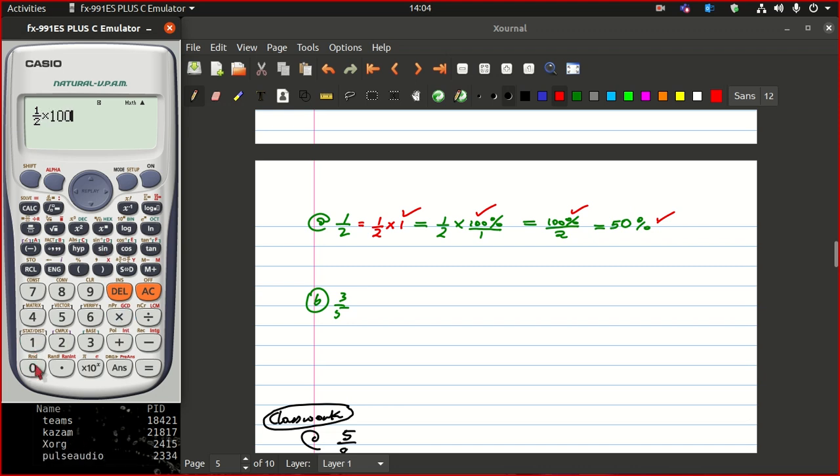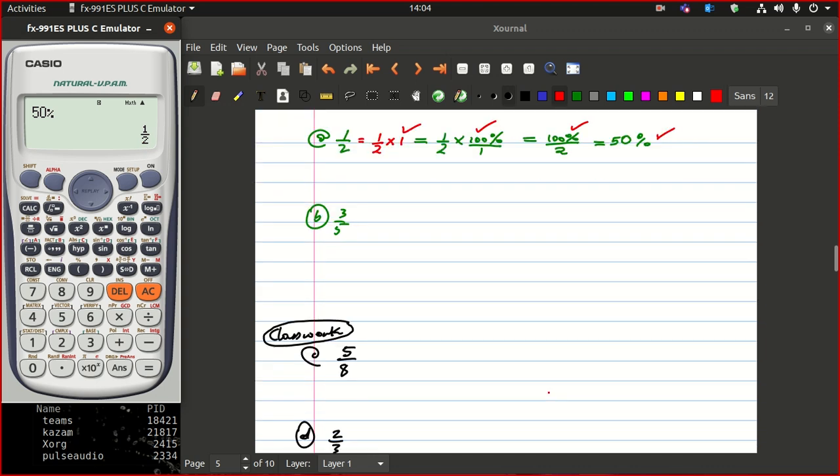You don't multiply by 100% because this percent I want it to be there at the end. So you just multiply that and you get 50, which means this is 50%. And you can double check by a calculator and say that you're having a half. It's not a big deal. This is way too easy for us. We have to keep trying until we can get it right.